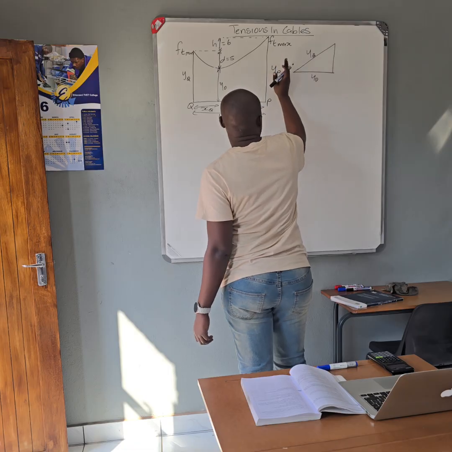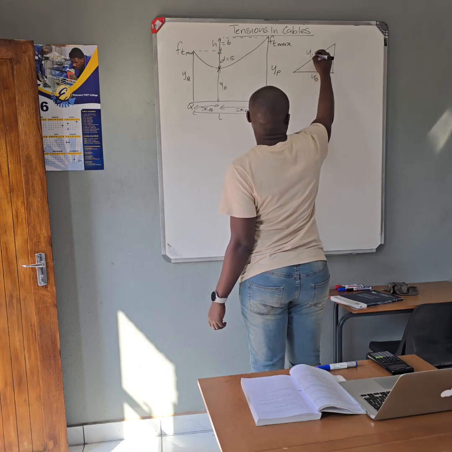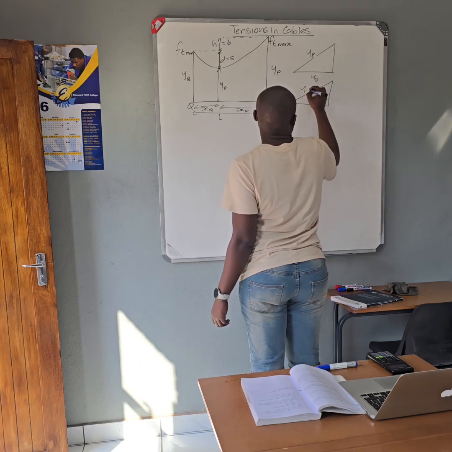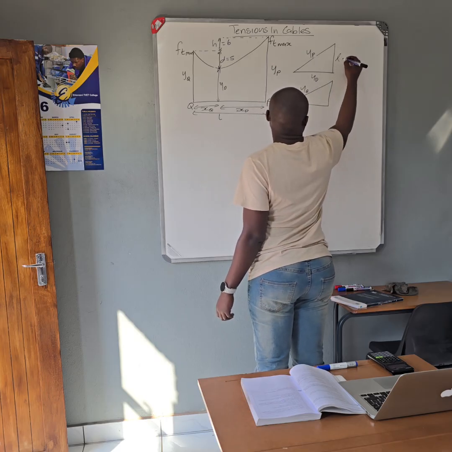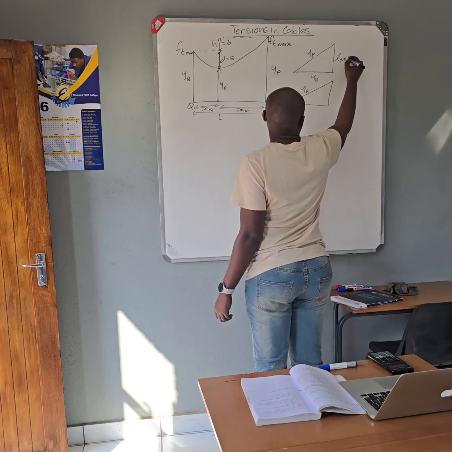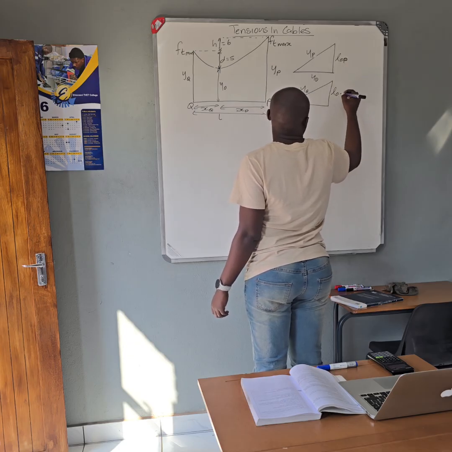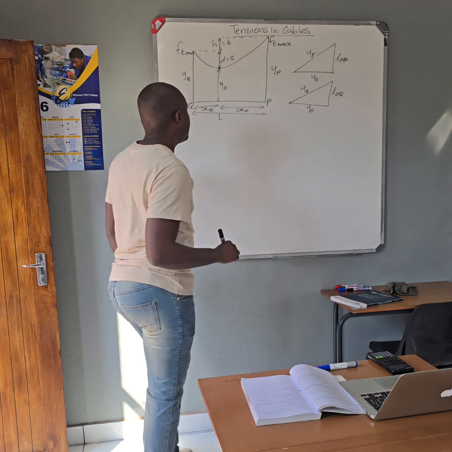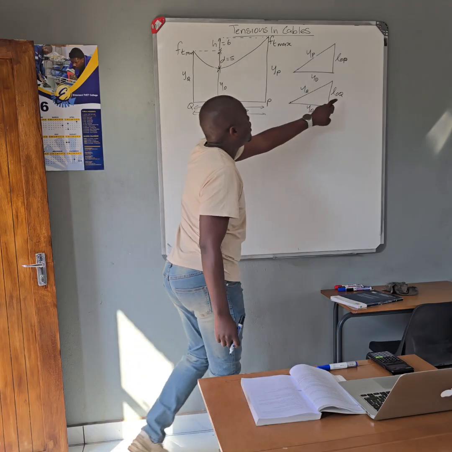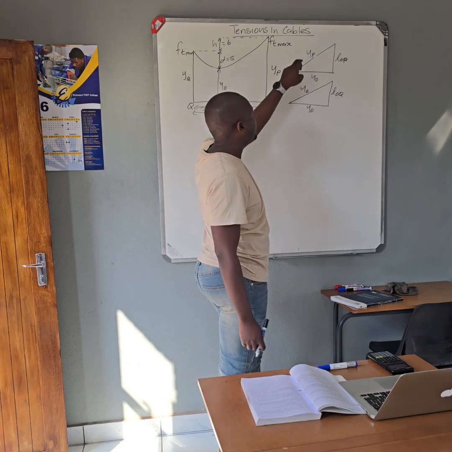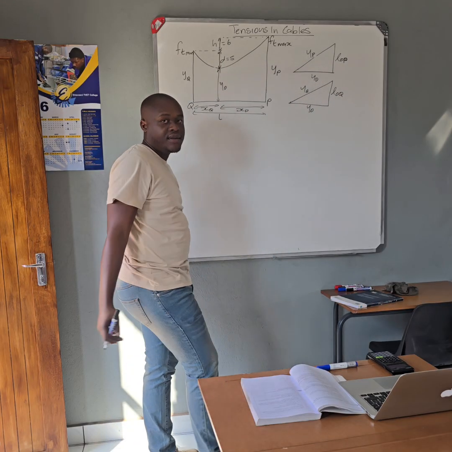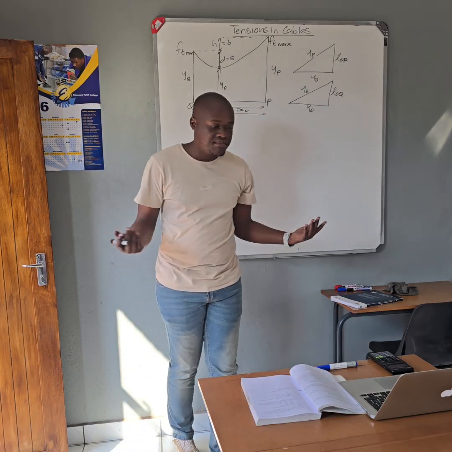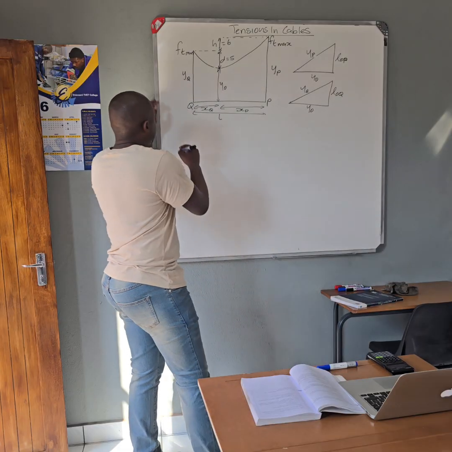This one is for YP. Then let's draw another one for YQ. So we want to find the LOQ or LOP. We have Y over YP as well as Y over YQ. So once we find these two, we simply add them, then we check.